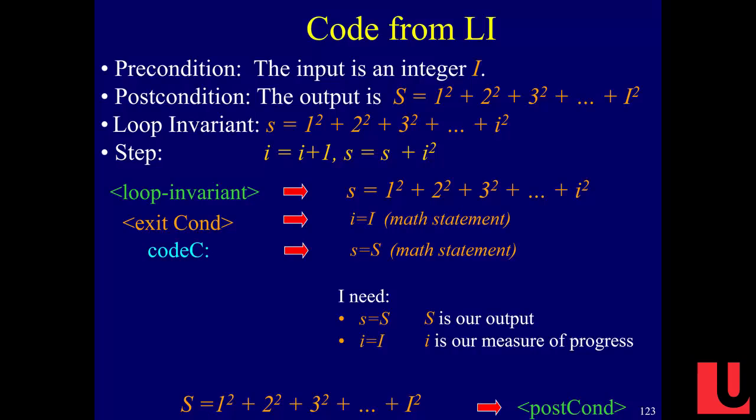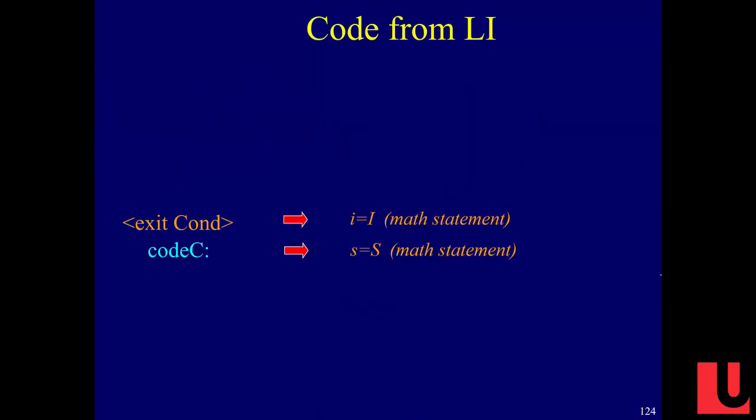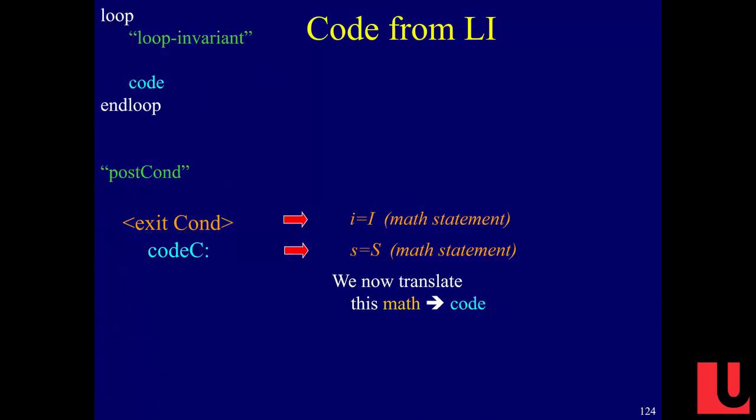All right, so again, I'm sort of differentiating between math statements and code, right? So where do these math statements kind of go? Now let's try to translate the math statement back to code and see what we get. All right, so here's our code.